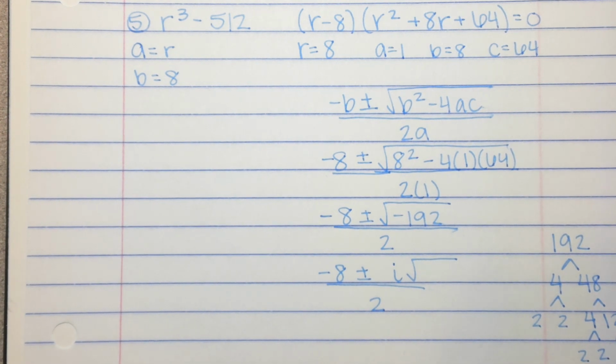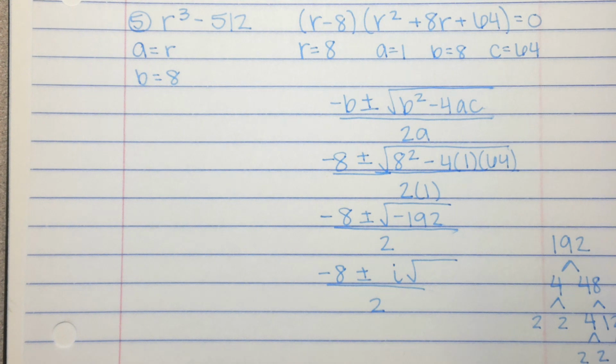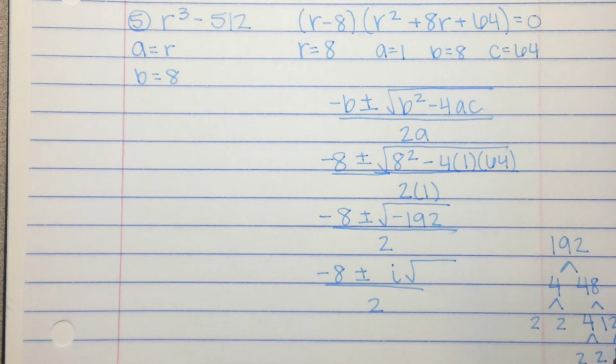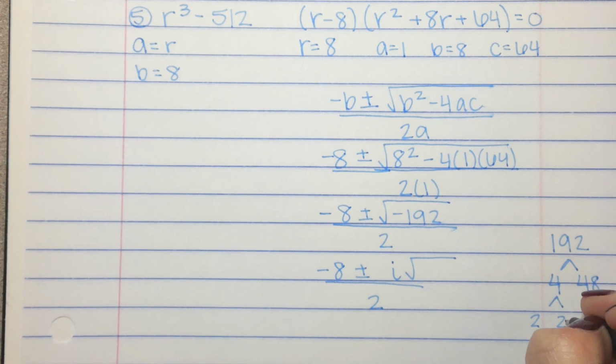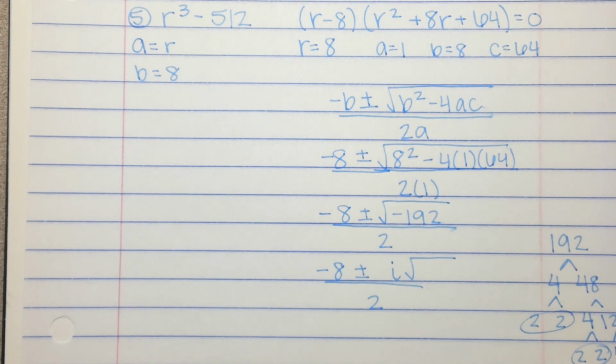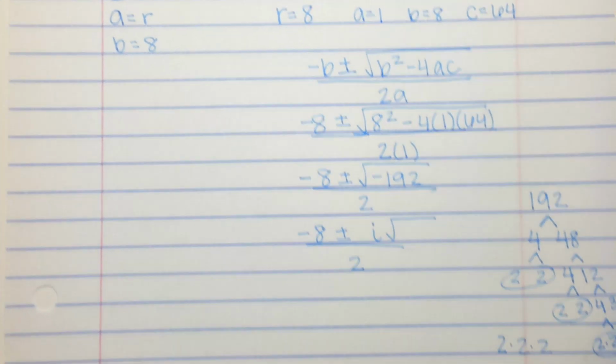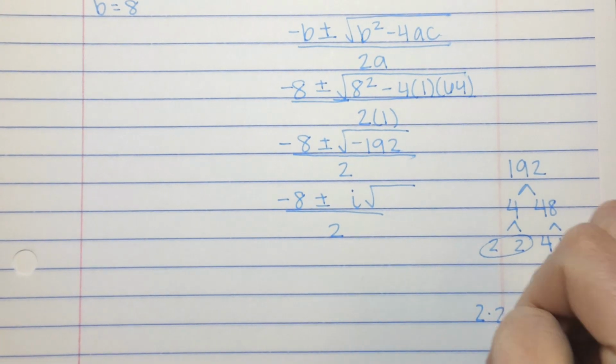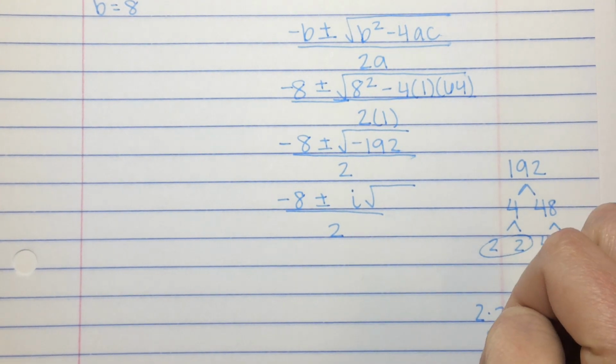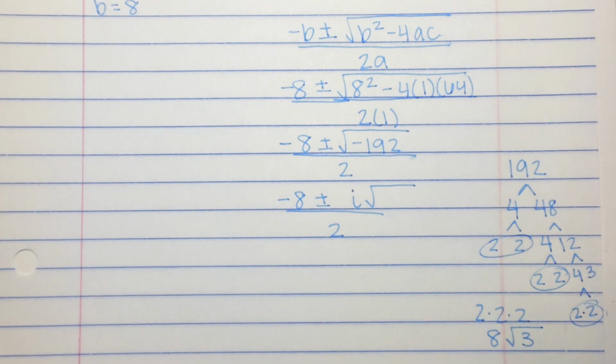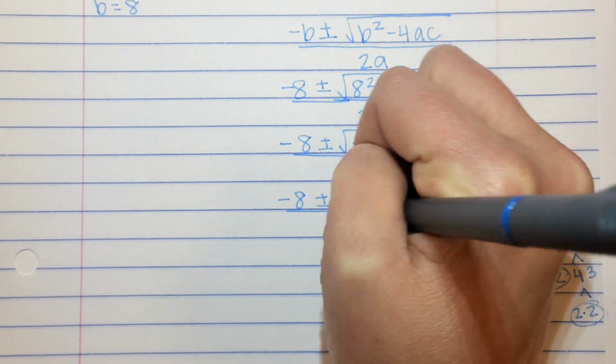And 12 is 4 times 3. And that breaks down to another 2 times 2. So we're looking for pairs here. Let's see. Yeah. So 2, 2, and 2. So that's 2 times 2 times 2. Oh, we've just been talking about that. We know 2 times 2 times 2 is 8. And so we bring down the 3. So it's going to be 8i square root of 3.